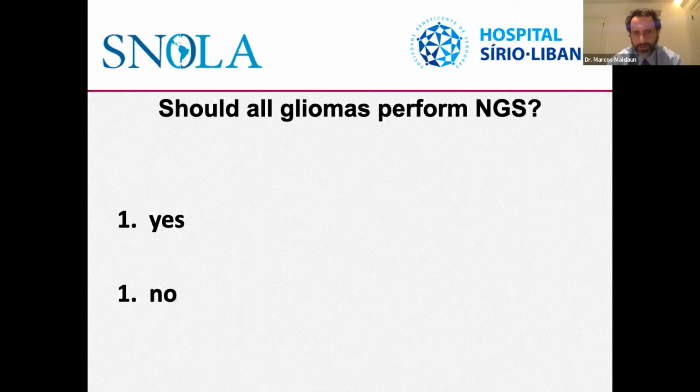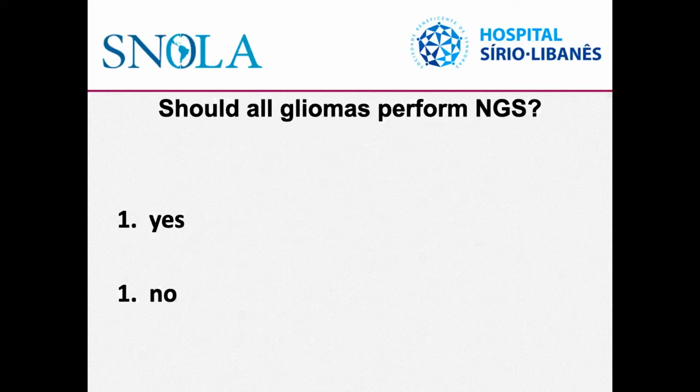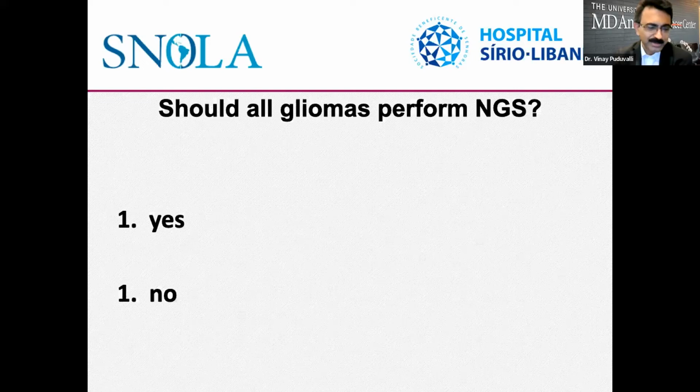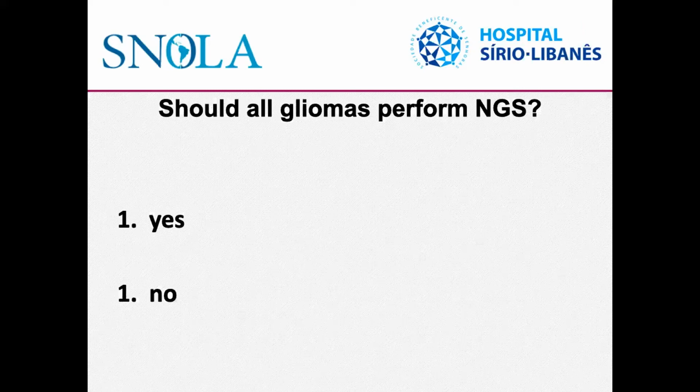And do you think we should perform an NGS for all patients, glioma patients? Go ahead, Dr. Puduvalli. No, please, Leo. You see this more often, please. I was going to say not for all gliomas.